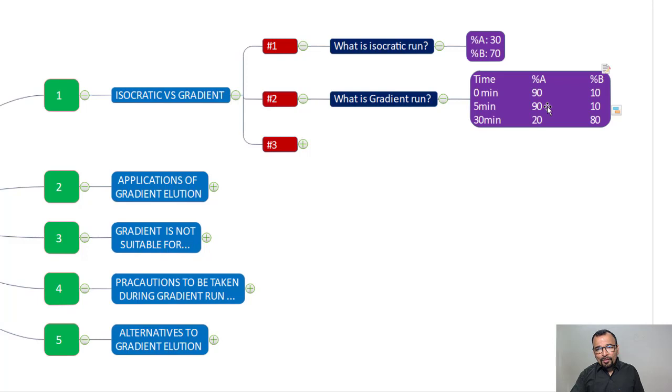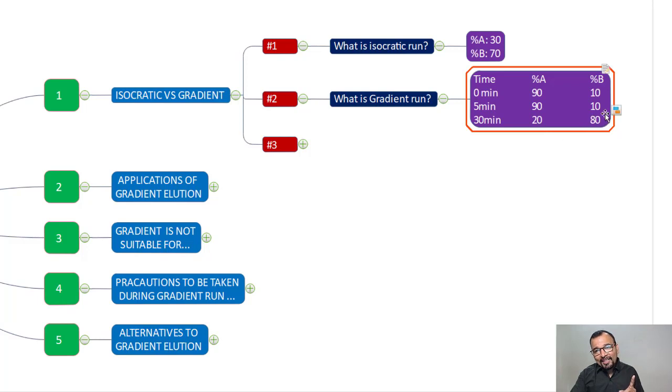So during this program, what you can see is that from 0 minute to 5 minutes, you will have the constant proportion of both port A and port B. So you can say it is isocratic till 5 minutes. But what is happening after 5 minutes till 30 minutes? You can see that the proportion of port A is getting changed from 90% to 20%.